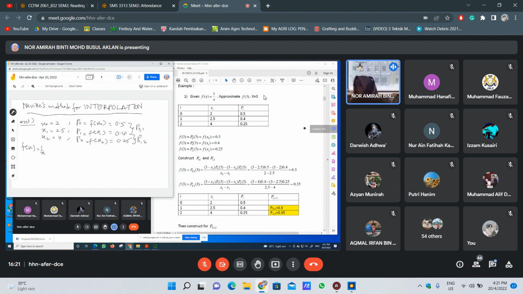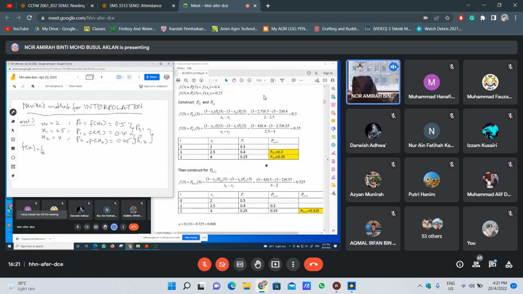Okay. And then next bila dah dapat value of P01 and P12, daripada sini pula you akan cari the final answer which is P, combine semua tiga-tiga tu, P012. So this is the final answer. Disebabkan awak hanya ada 3 point sajalah, 0, 1, 2. Nampak tak kelas?